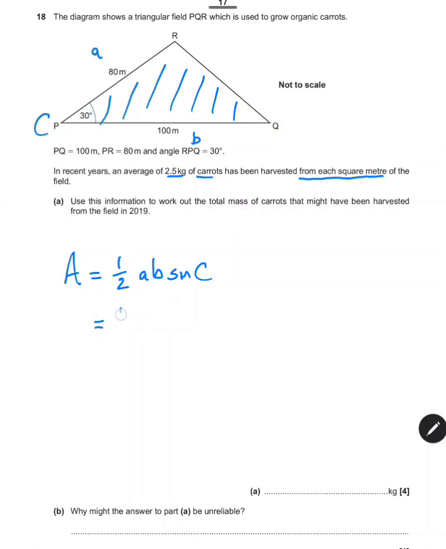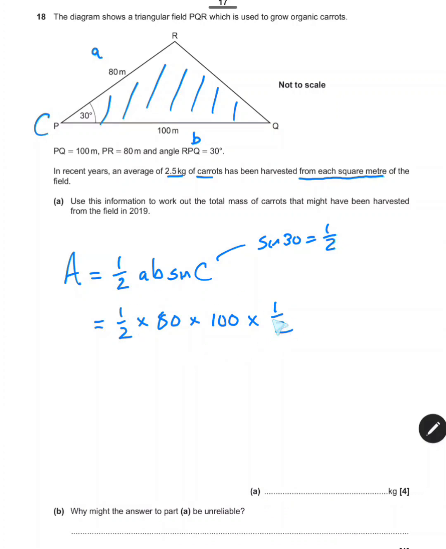Now we've got to substitute numbers into that, so that's a half multiplied by 80 multiplied by 100, and we're expected to know that the sine of 30 is a half. So sine C becomes sine 30, which is just a half.